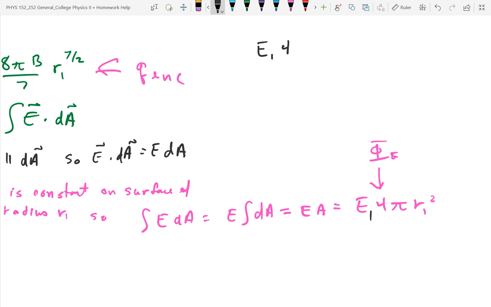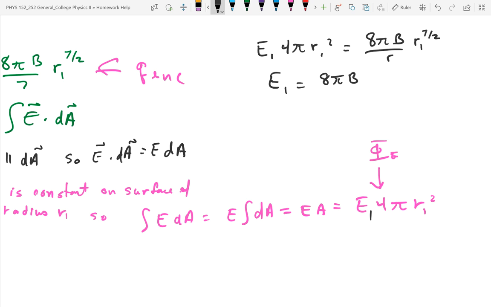E1 times 4 pi r1 squared equals 8 pi b over 7 times r1 to the 7 halves power, over epsilon 0. So what is the electric field? That was a very funny looking epsilon 0 because I wrote r by accident.